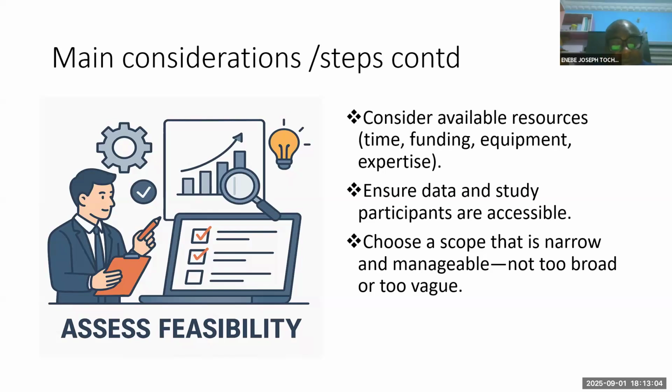So you must assess whether the research is feasible or not, and ensure that data and study participants are accessible. Or you choose a scope that is too narrow or unmanageable, not too broad. So the feasibility of your research topic is very important.